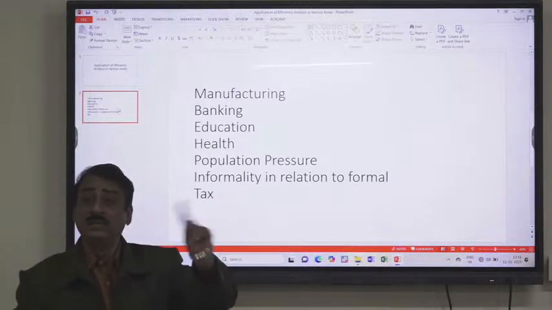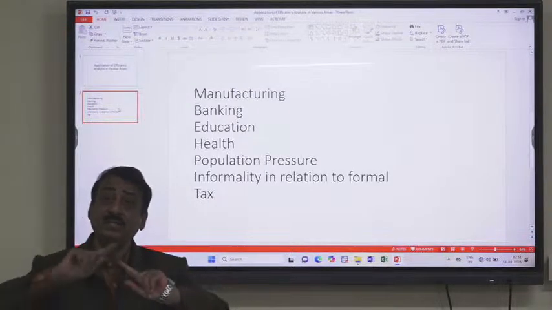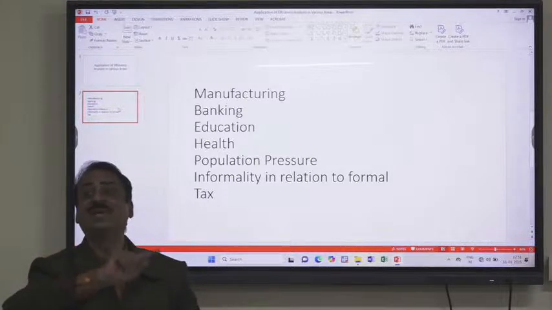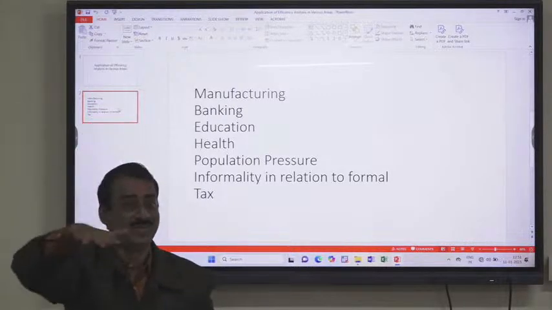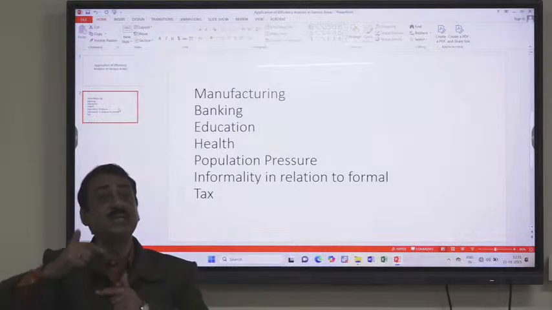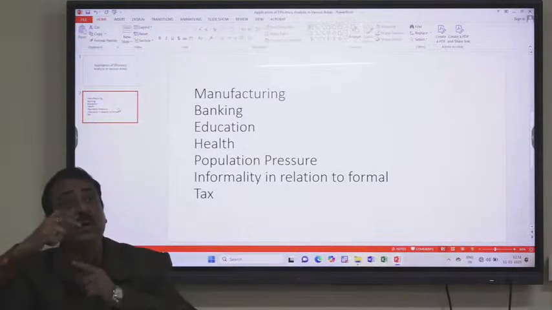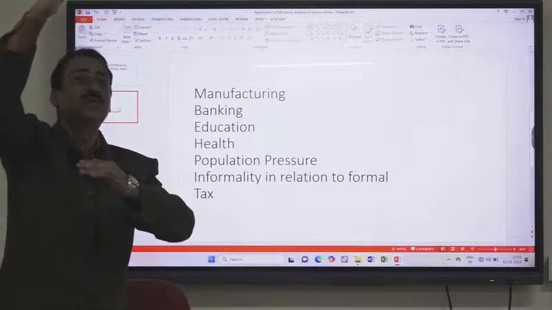Here, the population pressure index is estimated just opposite to technical efficiency. Technical efficiency is to what extent you are below the frontier. Here, population pressure is above the frontier.